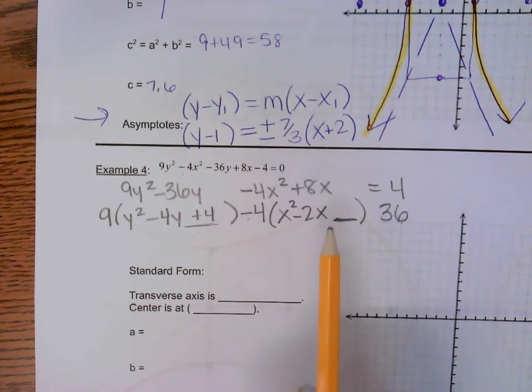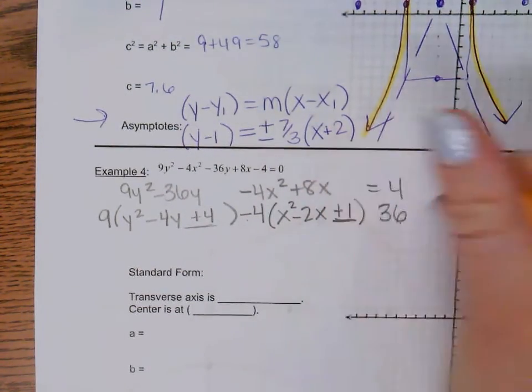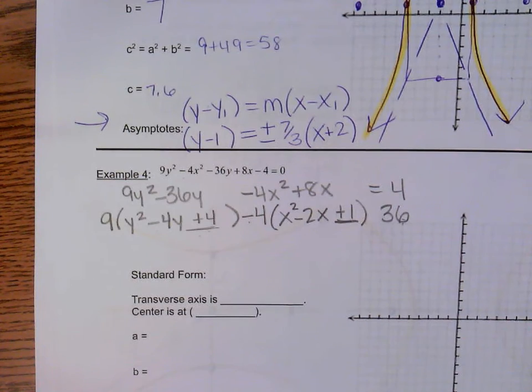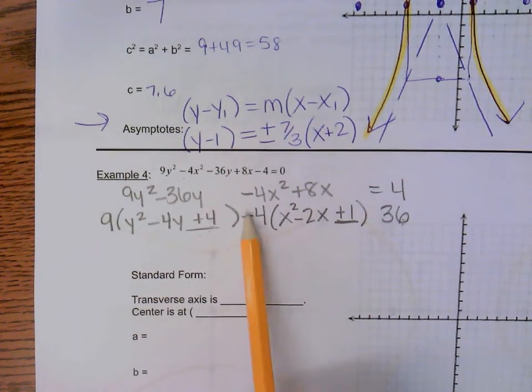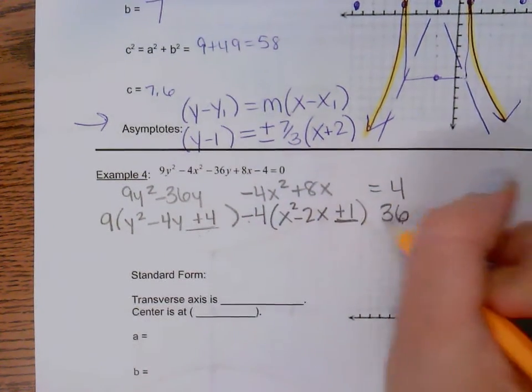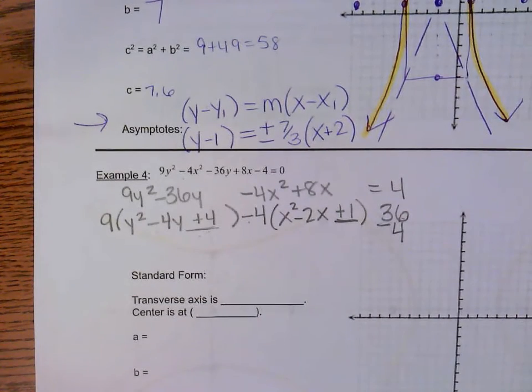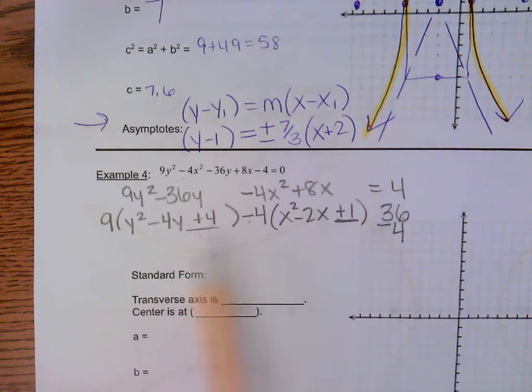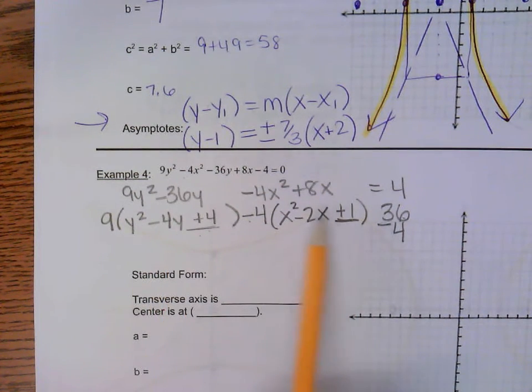So now what do I complete the square with? I cut this number in half, -1, and I square it. So I'm adding 1 on the line. What do I need to do to the other side? -4 times 1, so I need to subtract 4 on the other side of the equation. Now you're in that same step from ellipse world: write the completed square for each of these trinomials.